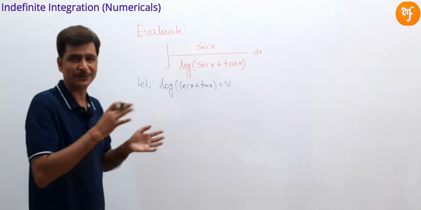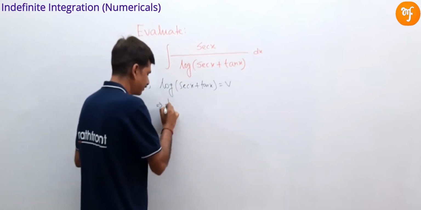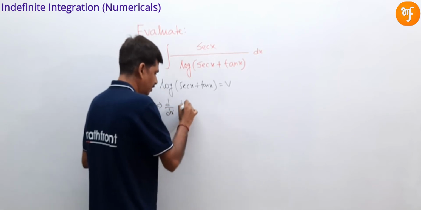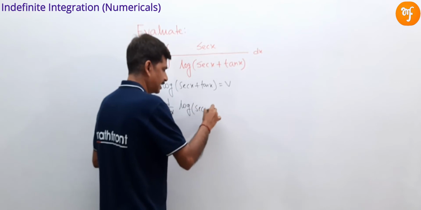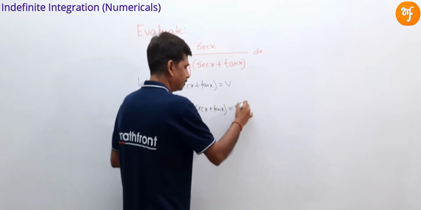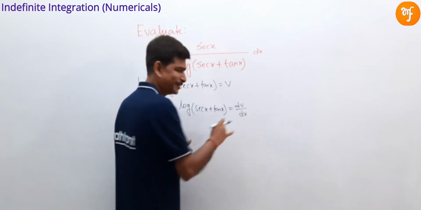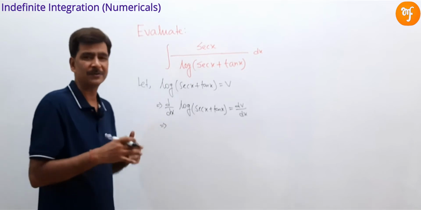Now differentiating both sides with respect to x. So d/dx of log of (sec x plus tan x) is equal to dv/dx. Clear? Now, what is d/dx of log of (sec x plus tan x)?